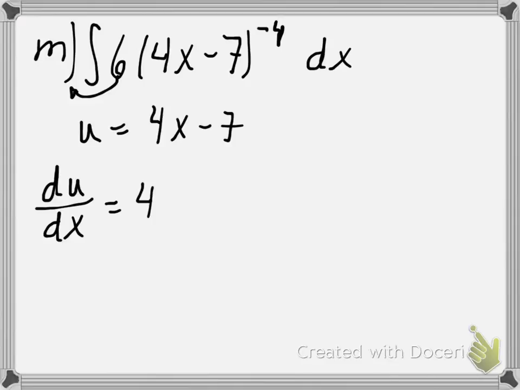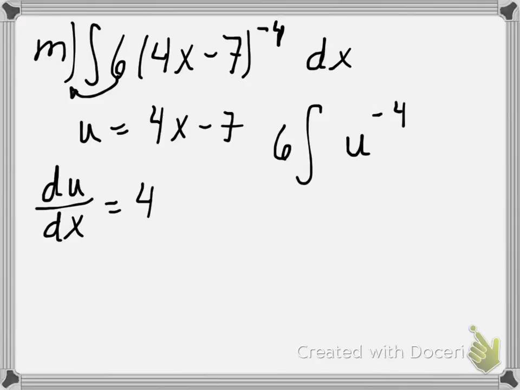So we've got 6 integral, we want it to be a u du, and that is to say we want it to be a function of u. And notice that if u is 4x minus 7, then this integral is the integral of u to the negative 4.